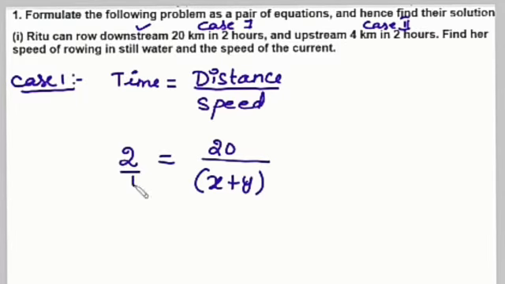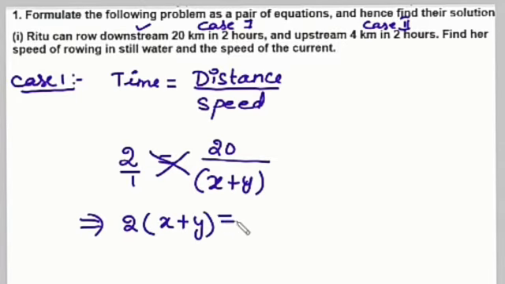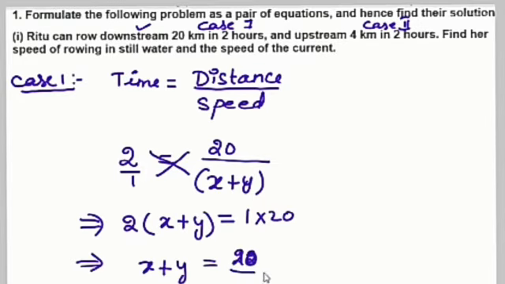Now I am going to multiply these two numbers. 2 into x plus y is equal to 1 into 20, which implies x plus y is equal to 20 by 2, which implies x plus y is equal to 10. This is my equation 1. So I have framed the first equation. Now I am going to solve for case 2.